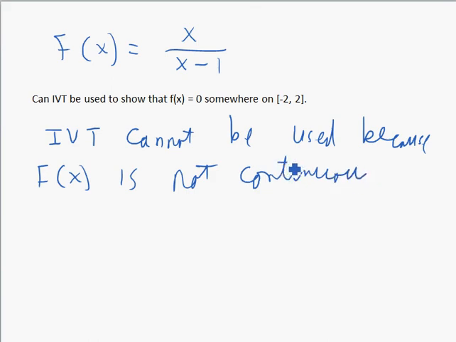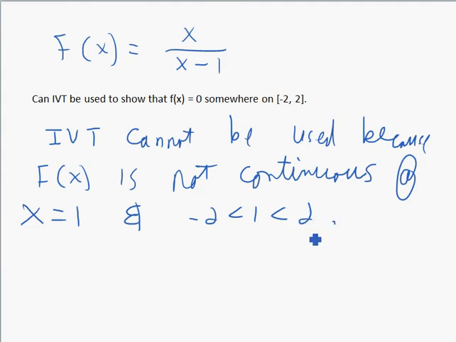Okay, the reason I chose this example is because IVT can't be used to say that it definitely has to equal 0, but it doesn't mean that the function doesn't equal 0. We just can't use IVT to say it. This function actually does equal 0 on this interval somewhere, but IVT can't be used to prove it.